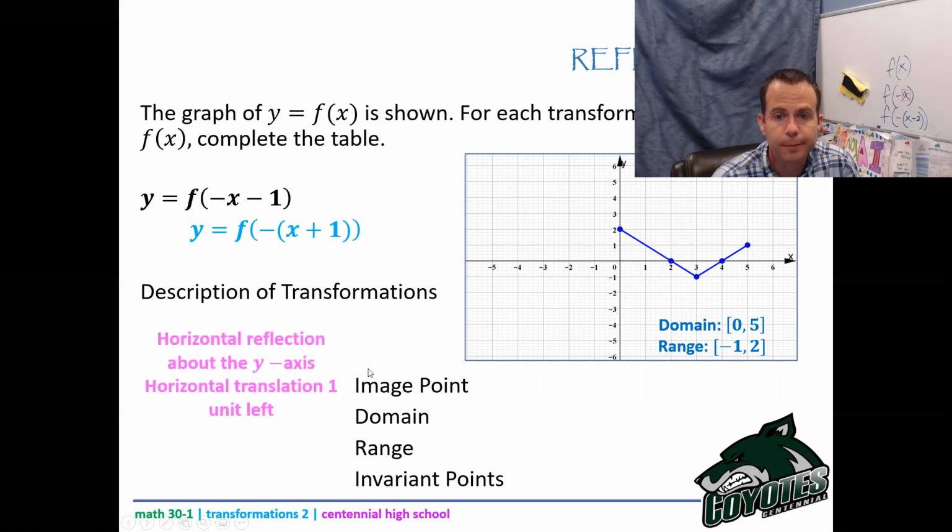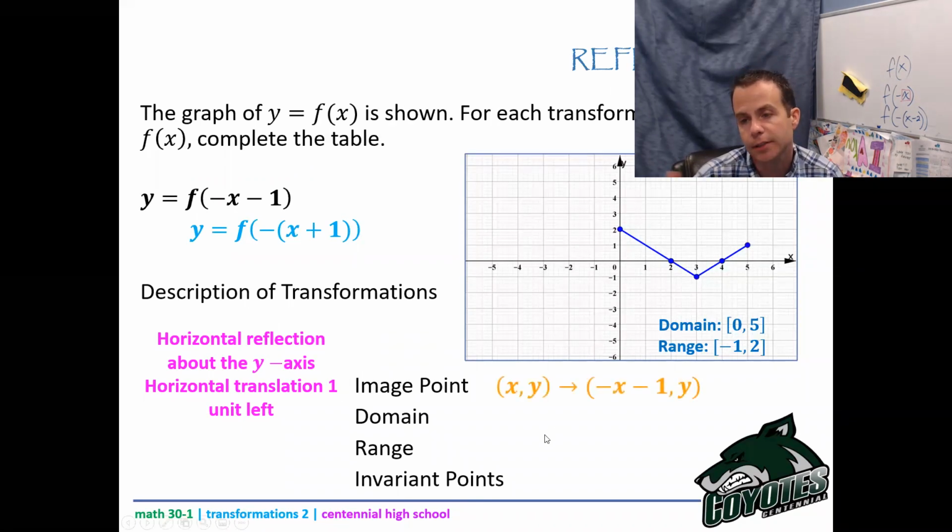Okay, so the description of my transformations would be a horizontal reflection about the y-axis and a horizontal translation, 1 unit left. The image point would be x comma y maps to -x subtract 1 comma y. I don't need brackets in the mapping rule or the image point here because I do that negative. Like if I was to plug a number in there for x, it becomes negative, and then I subtract 1, right?